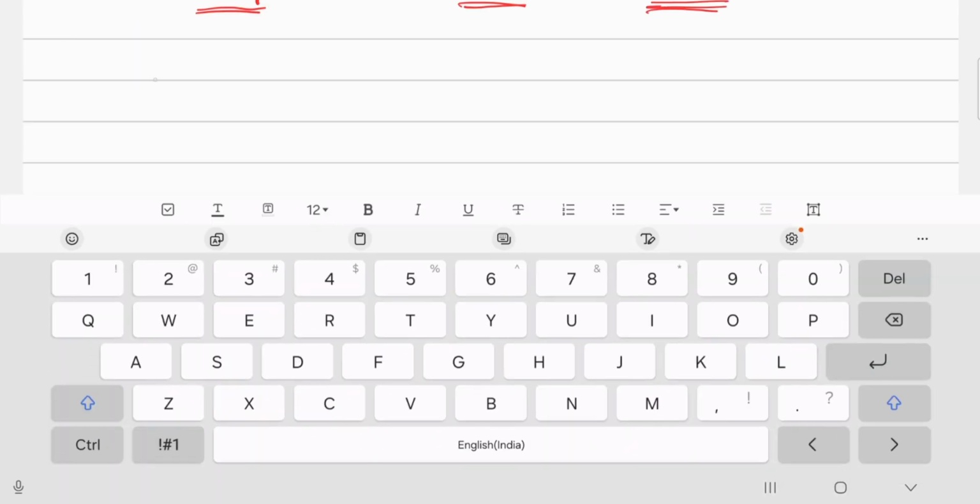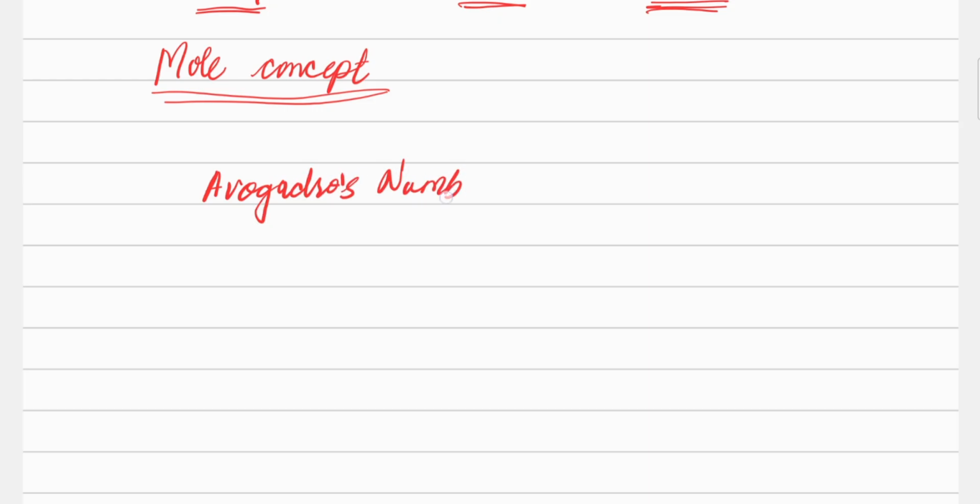Our today's concept is mole concept. Before learning the mole concept, we should know a few terms such as what is Avogadro's number, what is atomic mass, molecular mass, and molar mass.